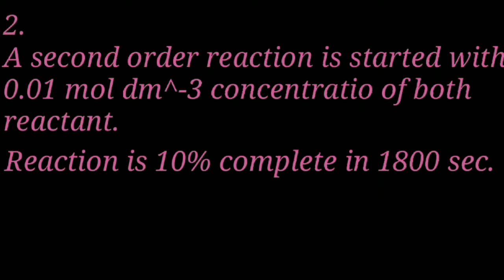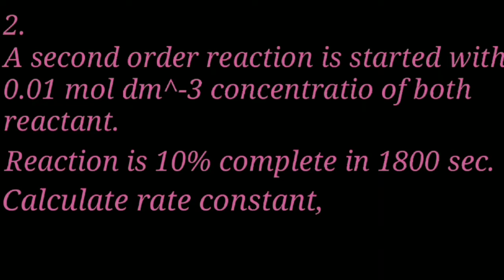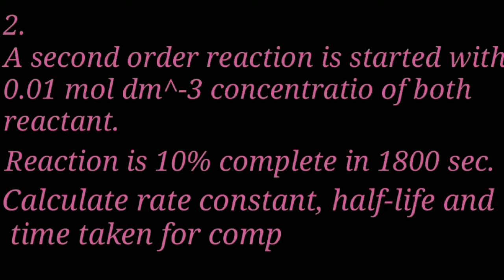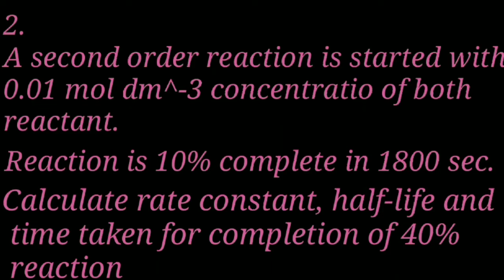Every time we used to write only 10, but in this case we have to write 10% of initial concentration, that is 10% of 0.01. Based on that we can calculate formation of product and concentration of reactant after time t, and calculate the rate constant, half-life and time taken for completion of 40% of reaction.